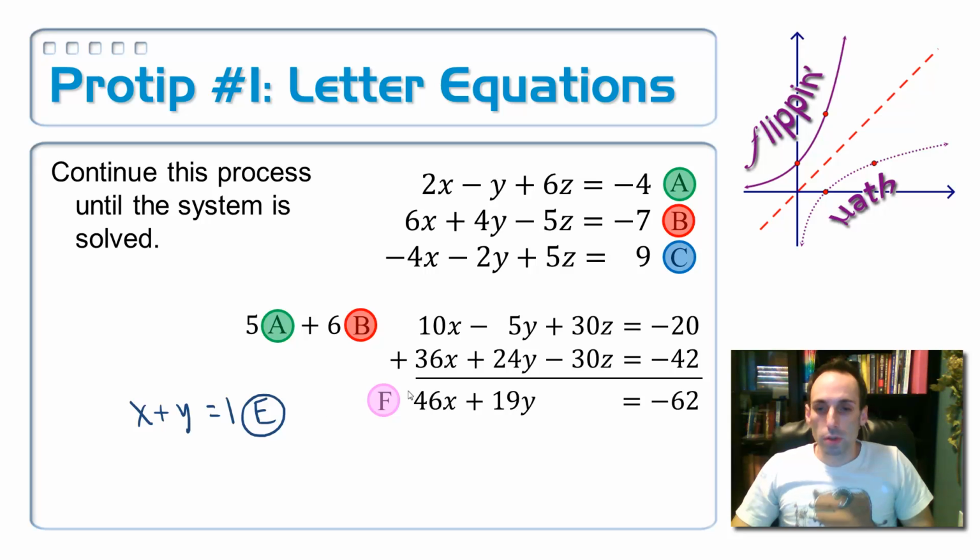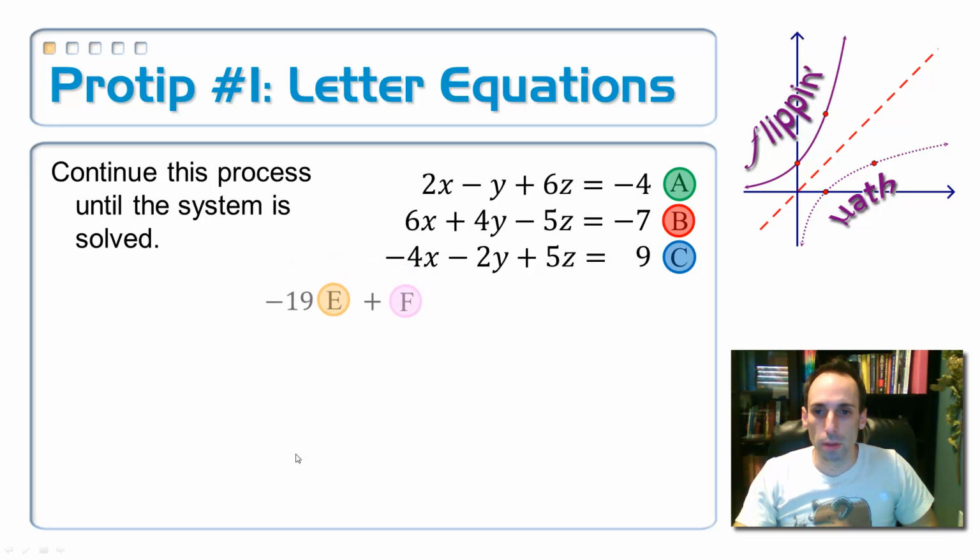So now I'm going to do some combination to get rid of either x or y. I've got a 2-variable system, just like something from the previous section. The 19y is going to be a little bit smaller, so why don't we do negative 19 times E plus F. That should do it.